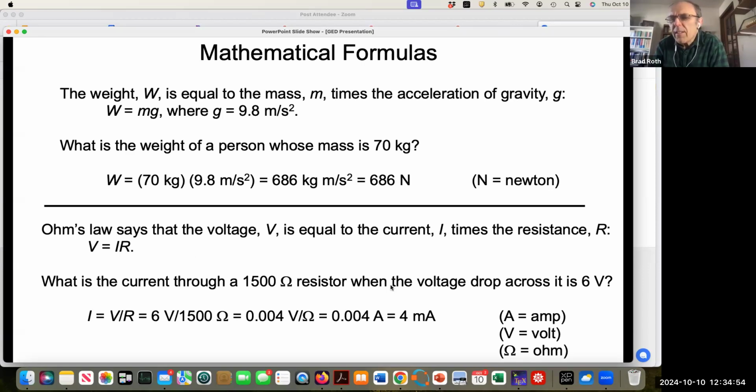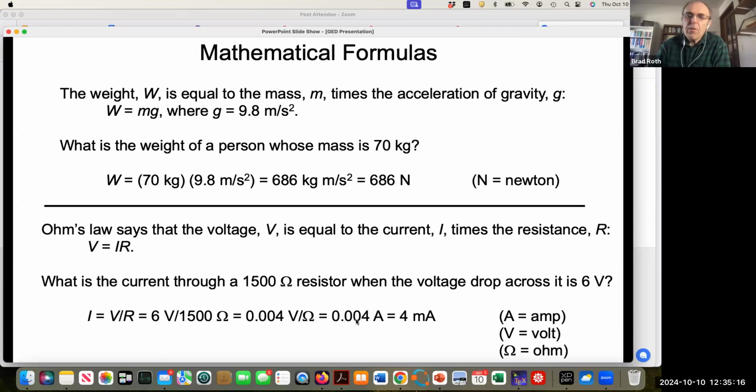The units in electricity are really kind of complicated, but if current is voltage over resistance, that's 6 volts divided by 1,500 ohms. That's the symbol for an ohm. It's 0.004 volts per ohm. A volt per ohm is an amp.